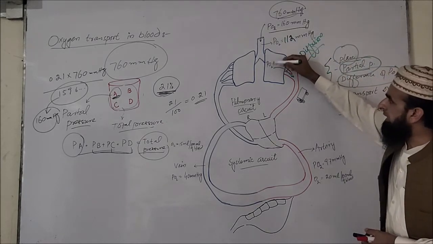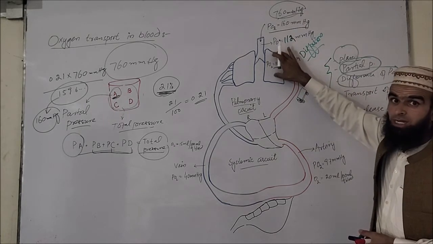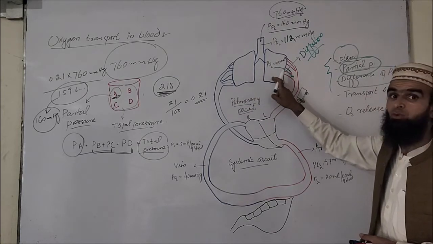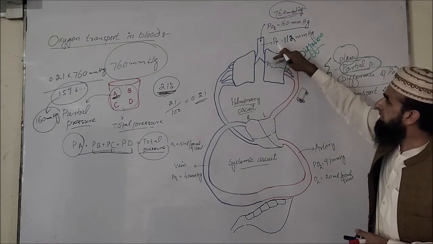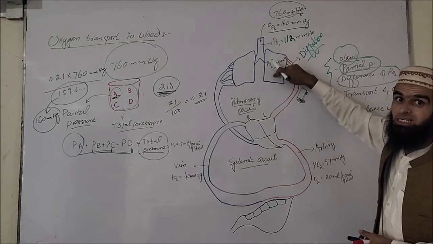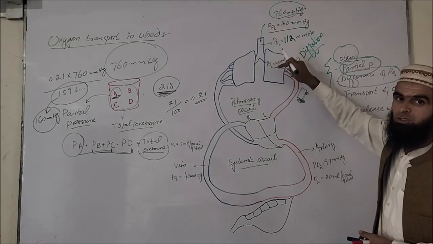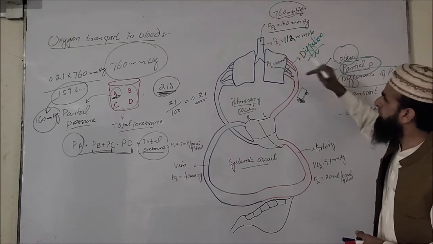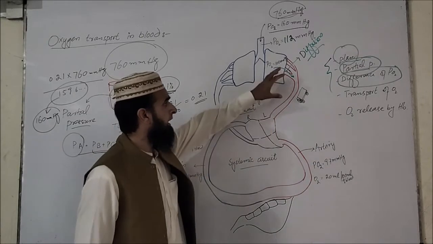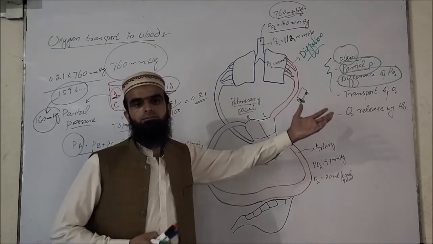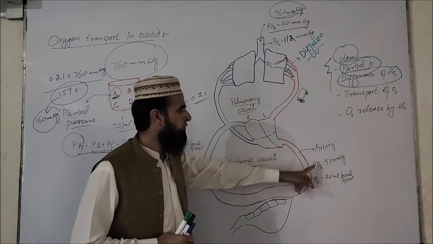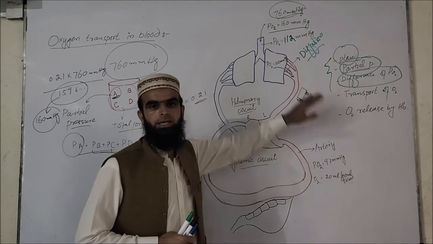Through diffusion, the oxygen concentration is very high here, and the oxygen concentration in the incoming deoxygenated blood is very low. So this oxygen diffuses from the high concentration into the low concentration, meaning into the capillaries or into the blood. When this oxygen is brought into the blood, two things happen. One, some other molecules are added, because of which the partial pressure is reduced to 97 millimeter of mercury instead of 100.